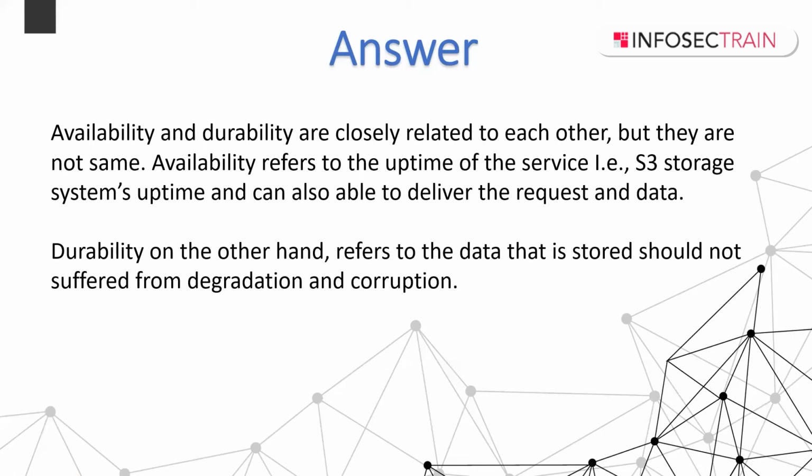Availability is like if you are hosting a static website in S3, for how much time is this service available? Say your static website is hosted in 3 AZs. If two AZs are down and one AZ is still working, what will happen? Your service is still available. This is called availability.